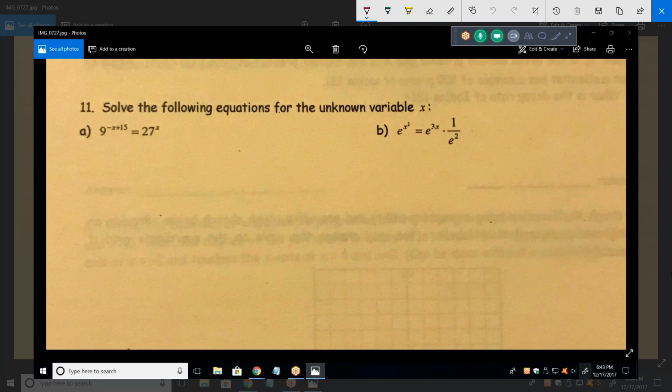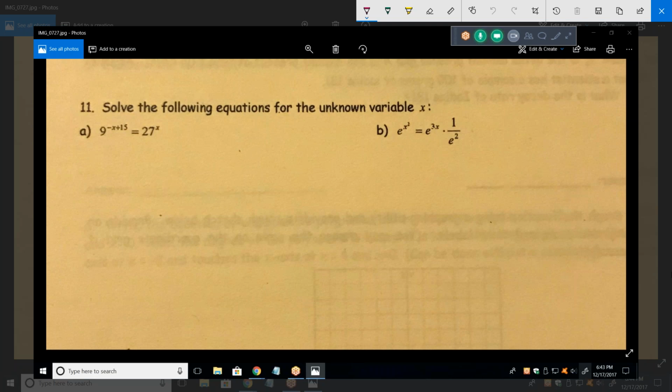Now, normally when you have an exponential equation, why is that an exponential equation? Because that's 11a. Why is that an exponential equation? Because it has exponents on both sides. No. A variable is in the exponent.